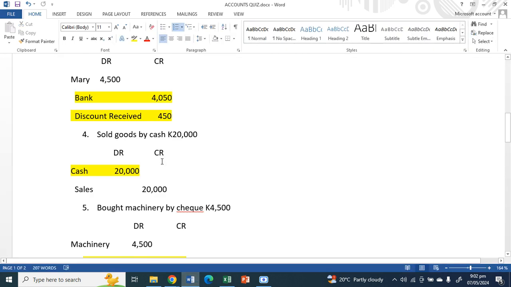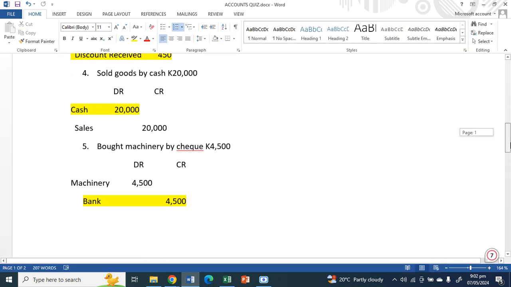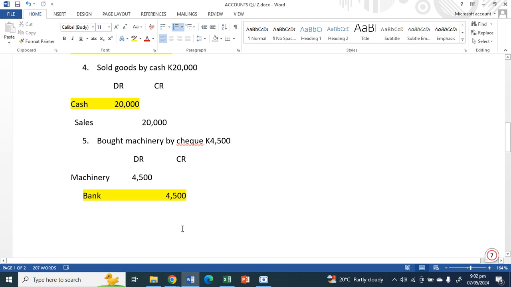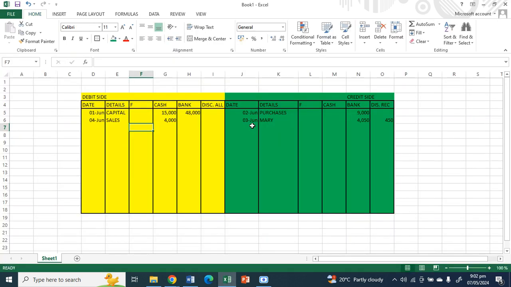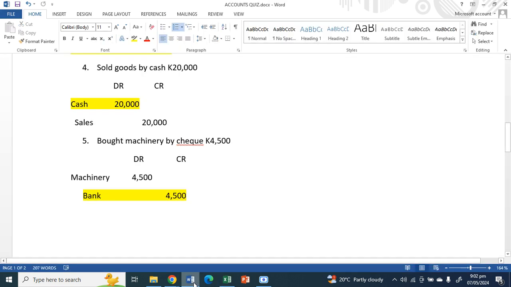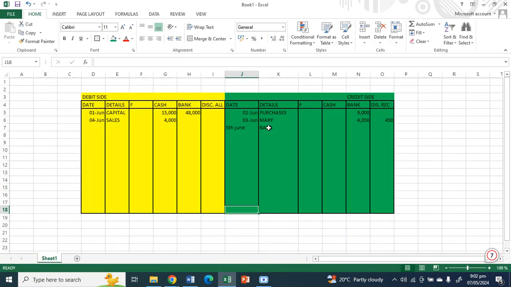Okay, then 5th June, we're crediting bank 4,500. So here, machinery on details, machinery. What was the amount? 4,500.